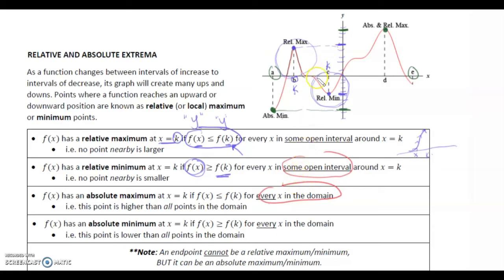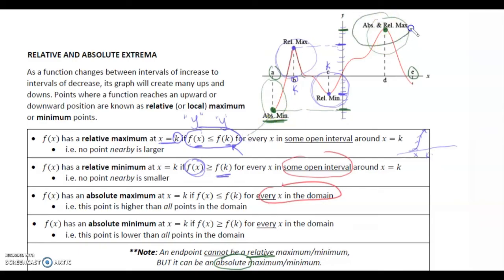And I want to throw this out there. An endpoint cannot be a relative max or min, but it can be an absolute max or min. Okay? And these absolute max and mins, so this absolute minimum, it is an endpoint, so it can't be relative because we don't know if it keeps going down, right?